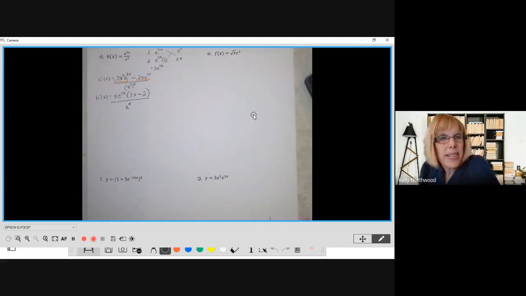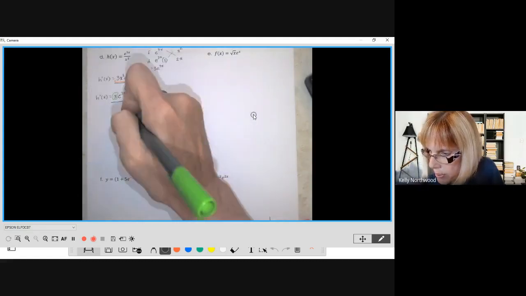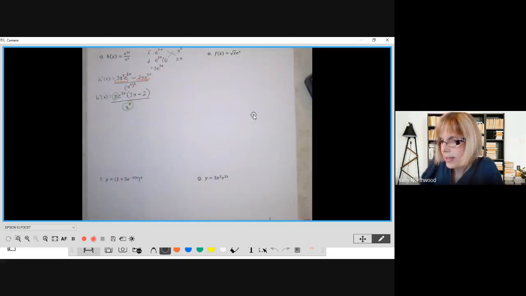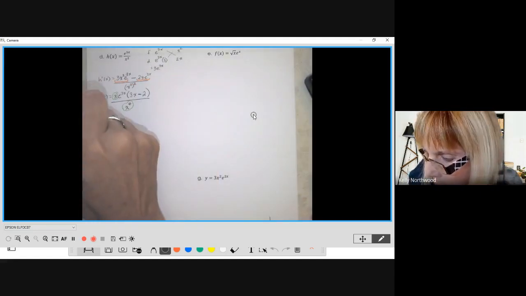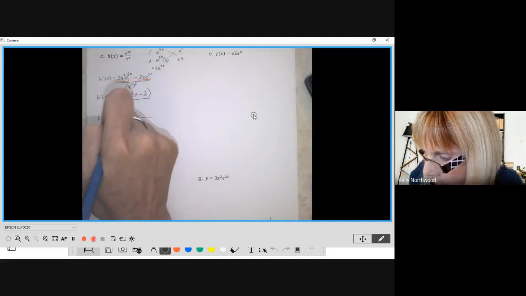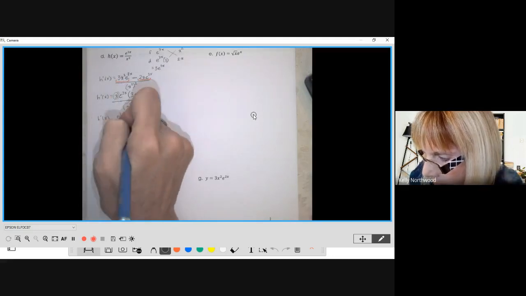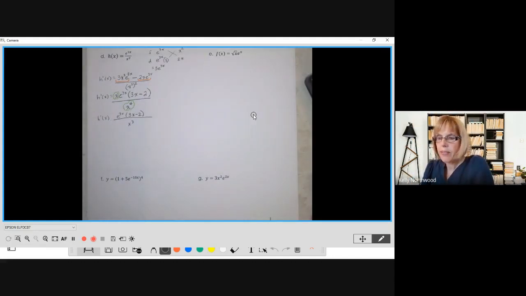Does anyone see anything else I could do? Subtract the x. Yeah, so I have powers with the same base dividing here. So this would be x to the negative 3 if it was in the numerator, but I know that that's going to be x cubed in the denominator. So there's my solution in simplified factored form.